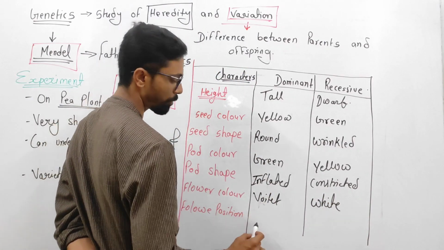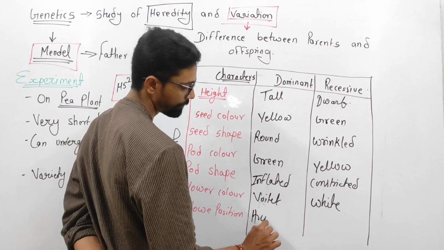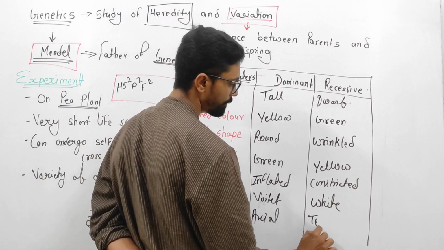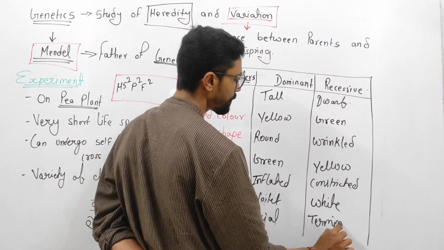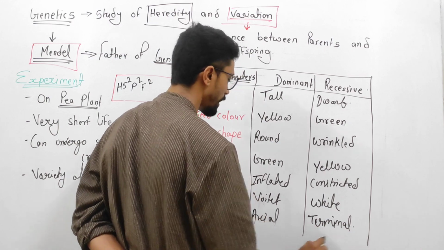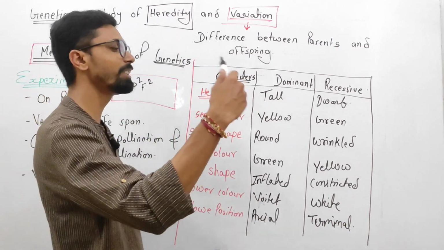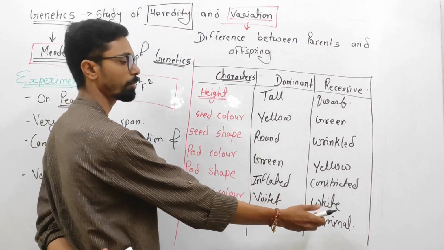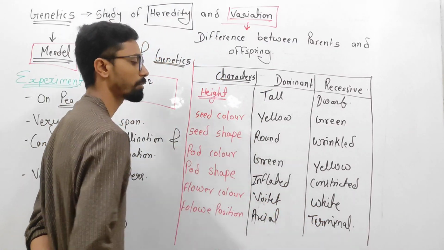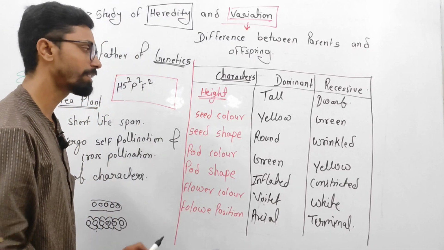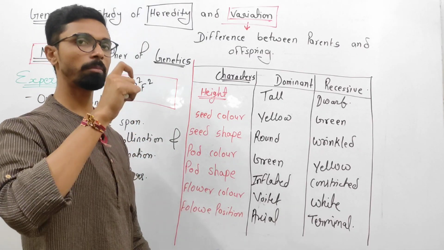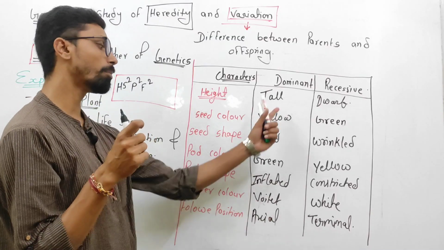Along with that, flower position is axial and terminal. When many flowers are located at the terminal end of the plant, that is considered a recessive character. Axial means flowers are between the branches, which is considered a dominant character.